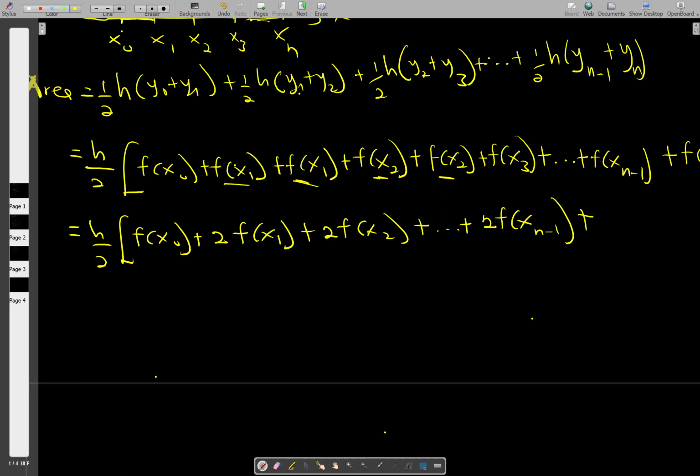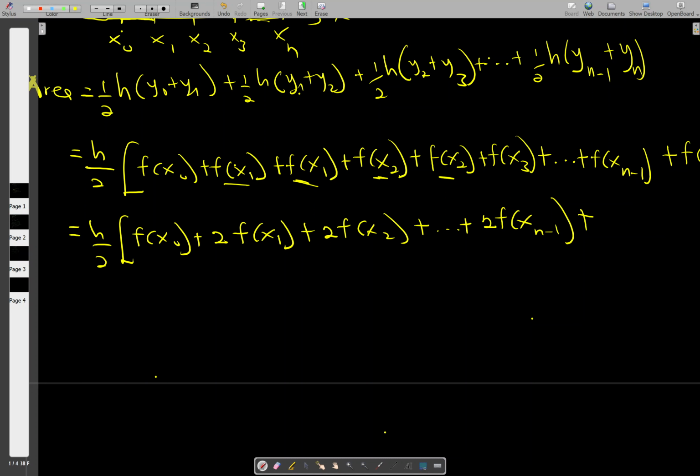Okay, now let's simplify this further. So therefore the area is given by h on 2 f of x0 plus, you see the middle term, we can just factorize 2 out, so 2 times f of x1 plus f of x2 plus up to f of xn minus 1, then we close bracket plus f of xn.